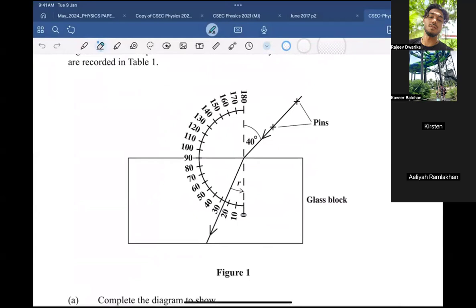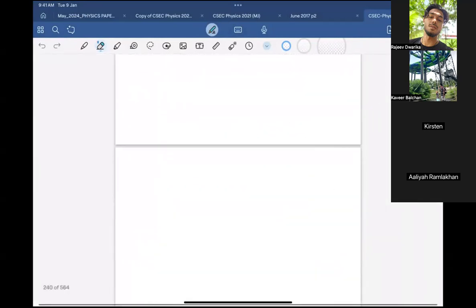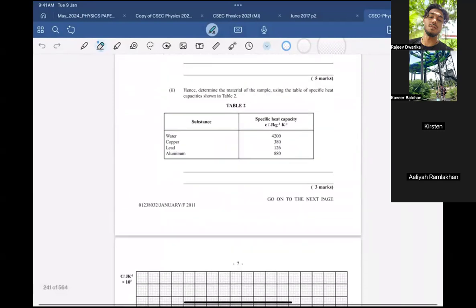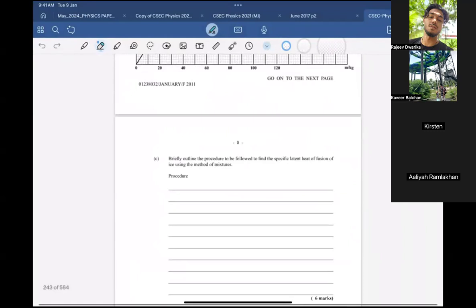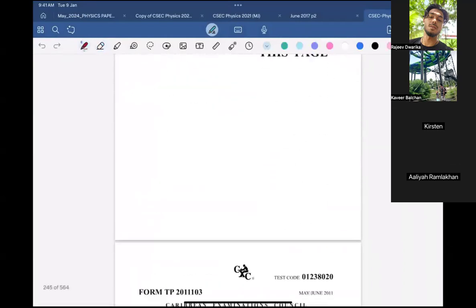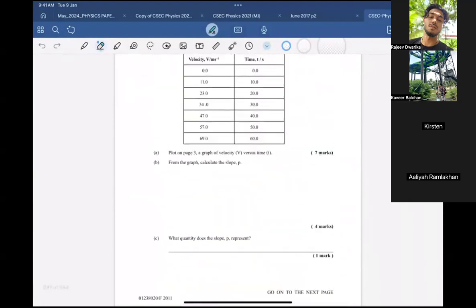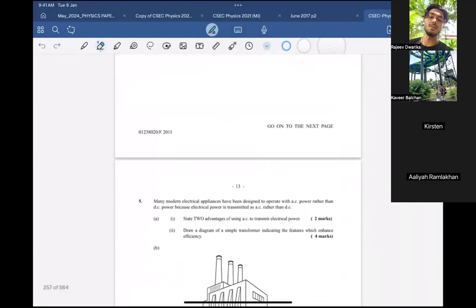That was one of the labs we did, with the Pyrex block. Are we still in 2011?